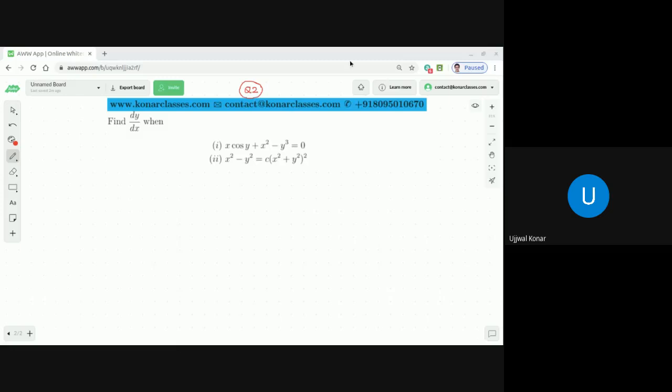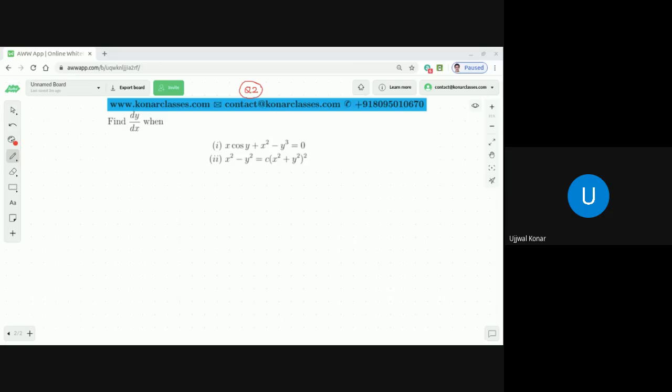Shall I proceed? Or did any one of you get an answer? I got something, but I don't know if it's correct. Yeah, do not worry about whether it is correct or not.